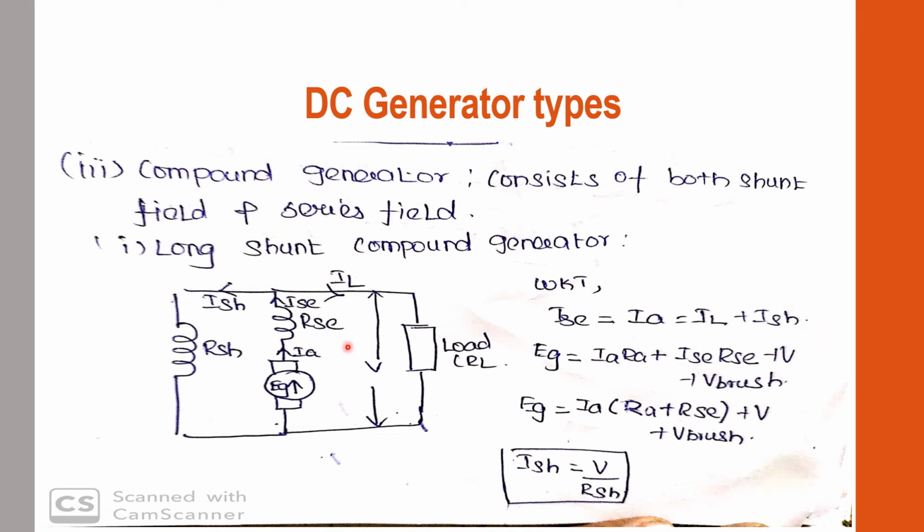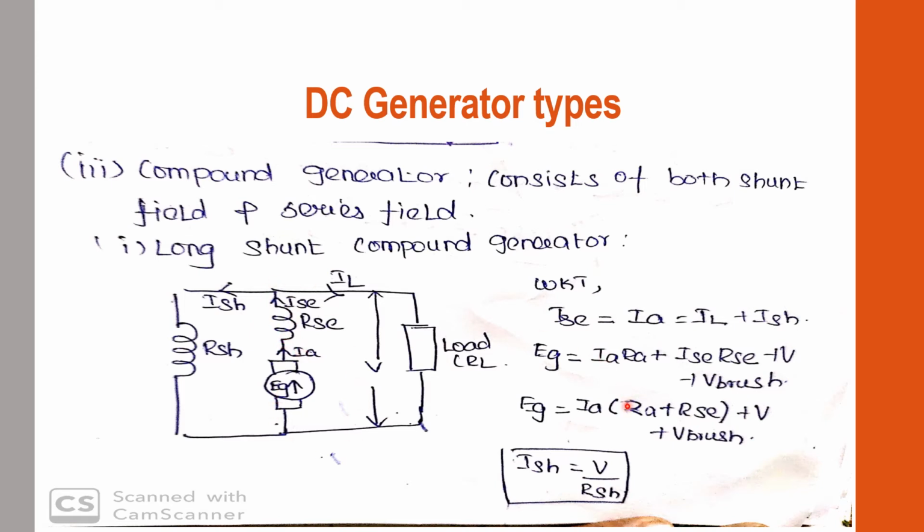Now you have to apply KVL to the second loop in order to find the induced EMF across the armature. So EG equal to, as we all know, IA into RA plus ISC into RSC plus V plus V brush. This is the voltage, the EMF induced across your EG. Already you know that ISC equal to IA.